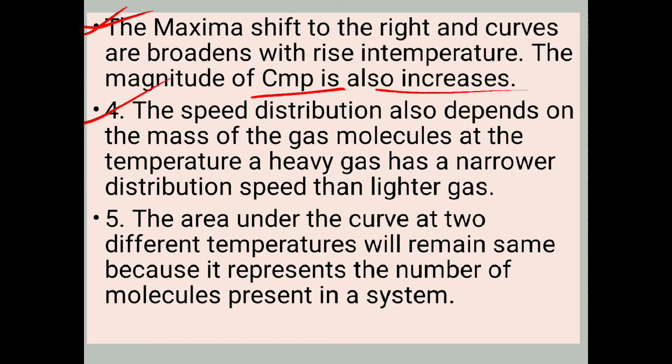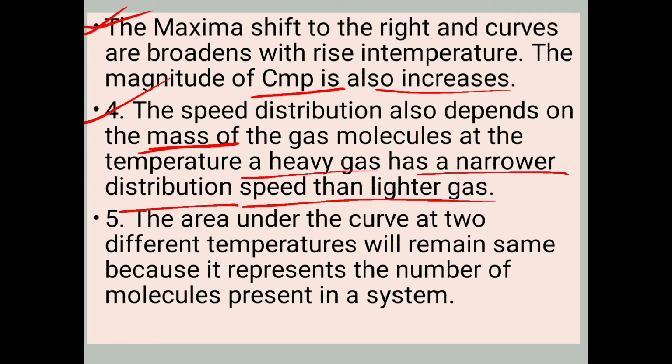The speed distribution also depends on the mass of the gas. If we take two gases of different masses, they will give two different graphs. A heavy gas has a narrower speed distribution than a lighter gas.